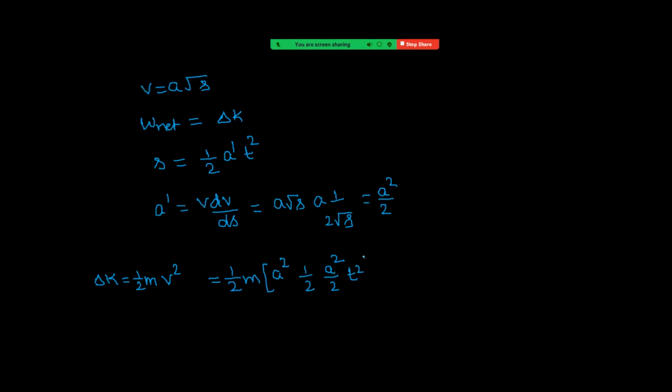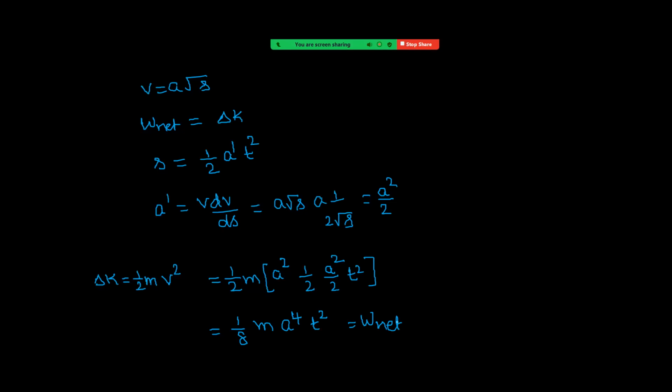See carefully once: half m v square, v square is a square into S, so a square, and in the place of S, half a dash t square, right? Then see what we get here: half into half into half is 1 by 8, so 1 by 8 m a square a power 4 t square. This is now the net work done, or the total work done, right?